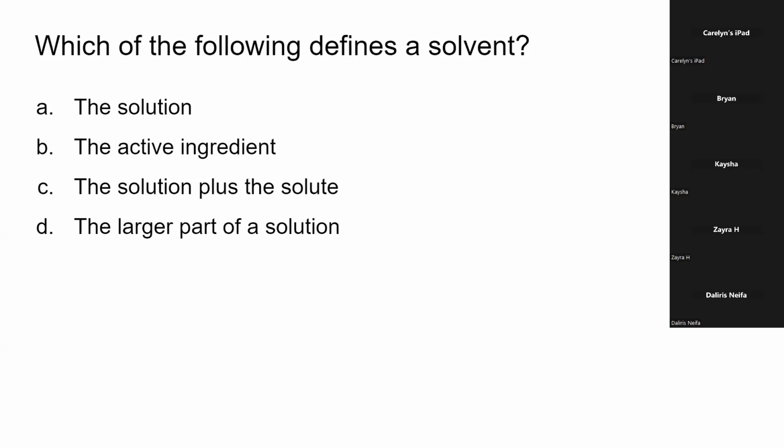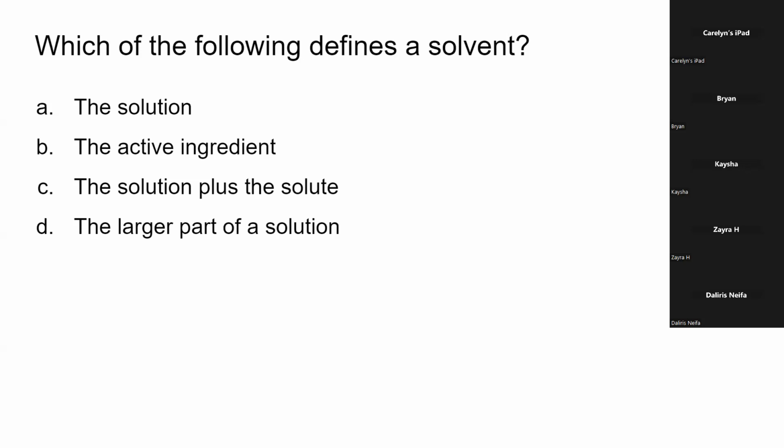Say it louder for the people in the back. The solute in the solvent. Yeah. A solution is the solute plus the solvent. That makes a solution. So the answer is D, the larger part of the solution.